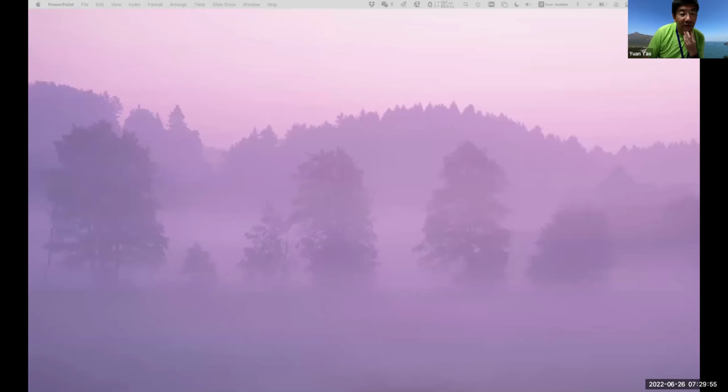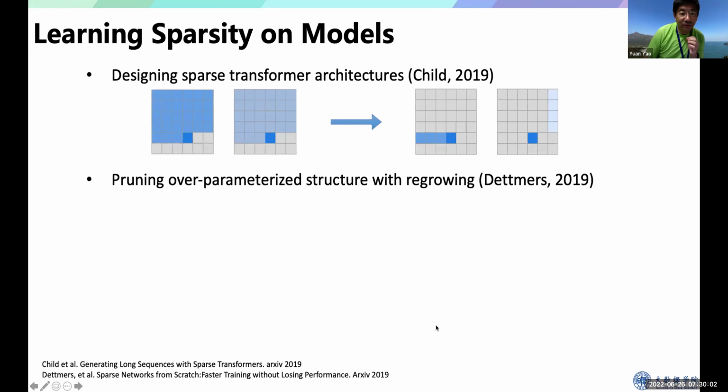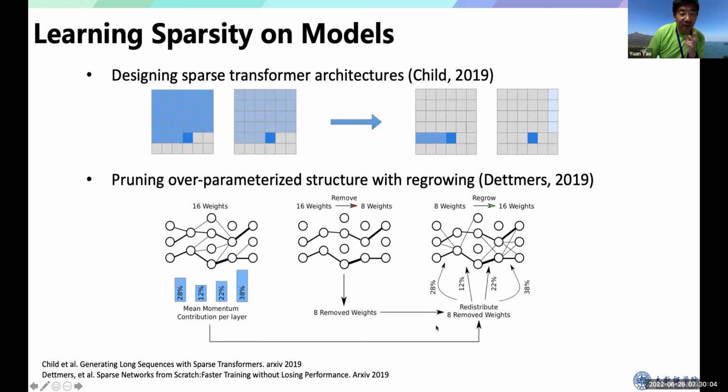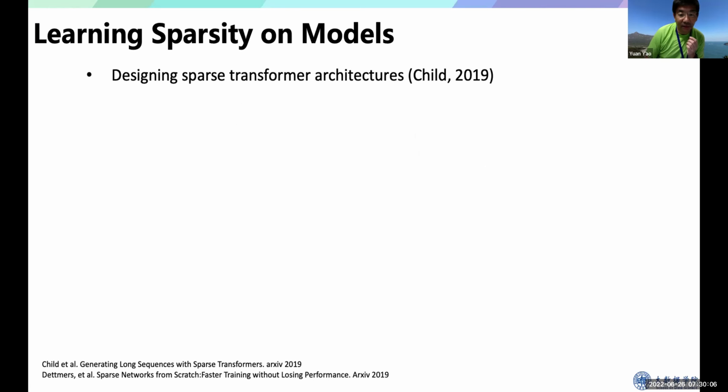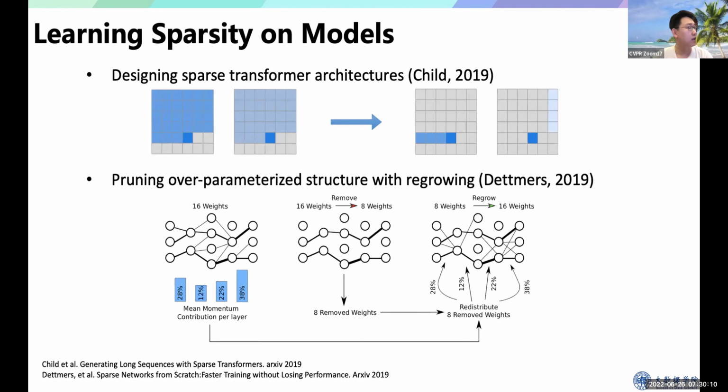How does this connection come about? Oh, you mean this one? I guess it's somewhere before the sparse transformer. Yeah, this one.